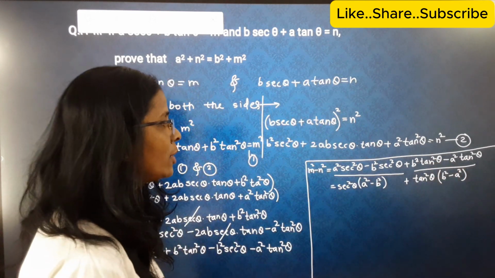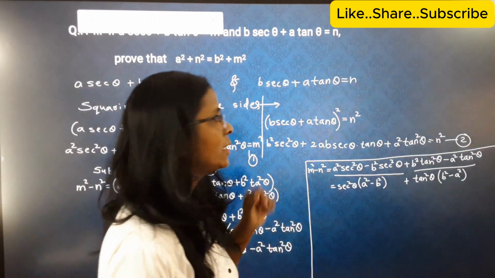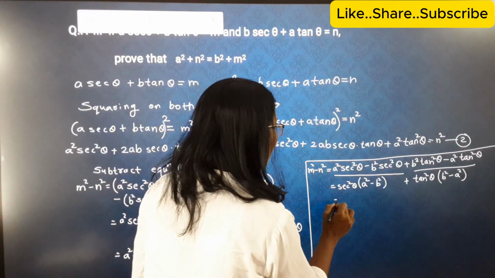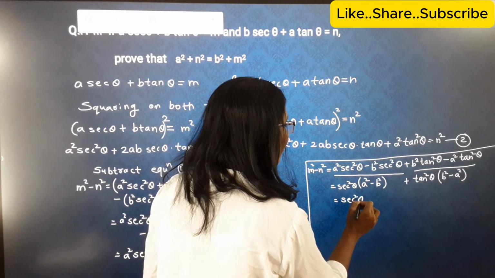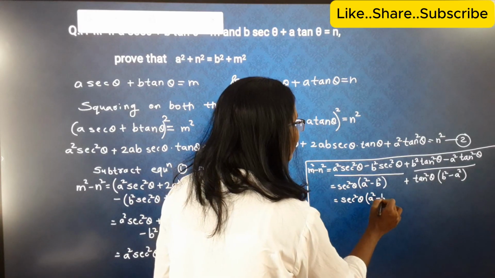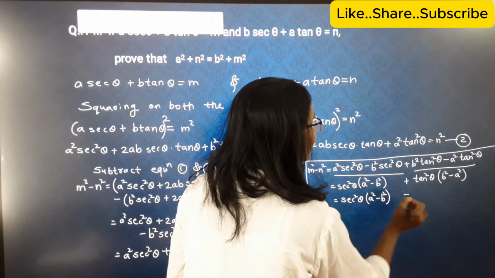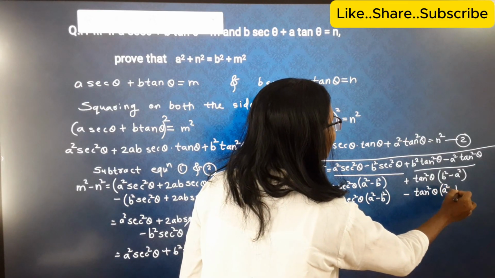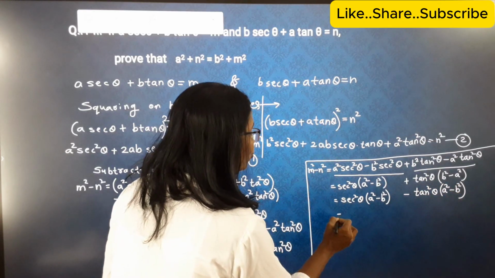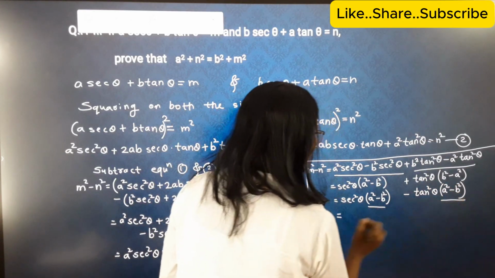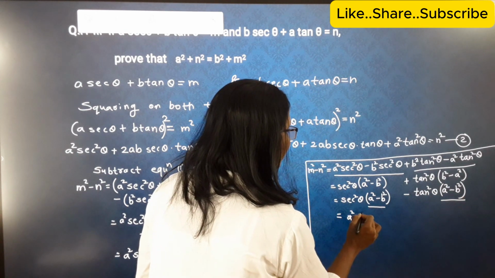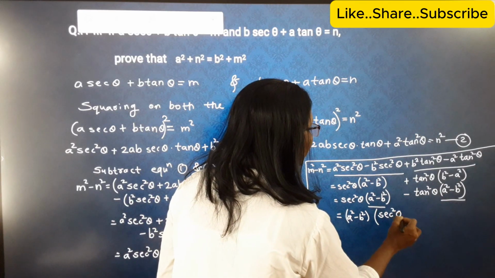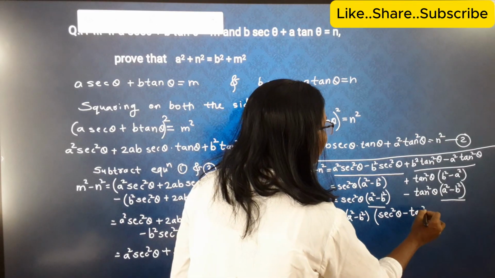Okay students, here is a square minus b square, and here is b square minus a square, so we can change the sign. So sec square theta into a square minus b square, then minus tan square theta multiply a square minus b square. Here a square minus b square is common. So we write a square minus b square as common, and in the bracket sec square theta minus tan square theta.